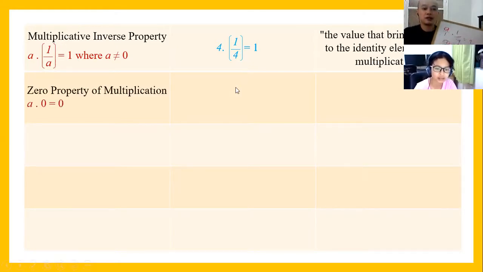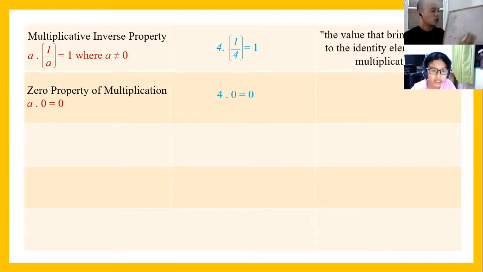0 property of multiplication. What does it mean? Any number you multiply by 0 is equal to 0. So A times 0, of course, is equal to 0. All right, example, 4 times 0 is equal to 0. Any number for that matter, if you multiply by 0, will always be equal to 0. Okay, Kristel?